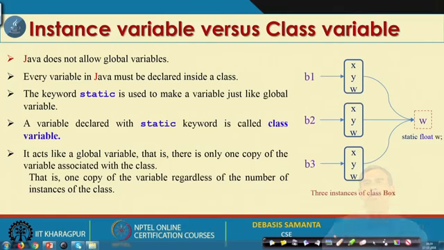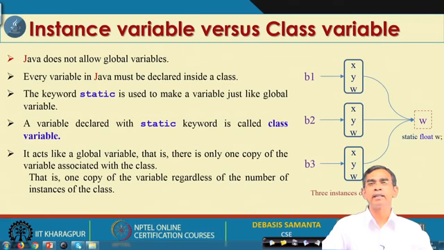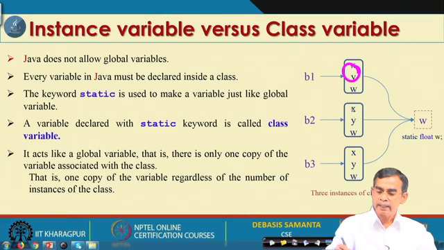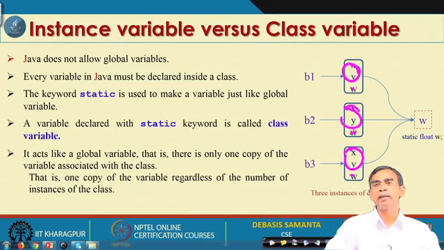Suppose B1, B2, B3 are the three objects belonging to the class Box, and we declare W as static, with the static keyword before it: static float W. Then W becomes the class variable. So, in this example x, y are the instance variables, whereas W is the static or class variable.